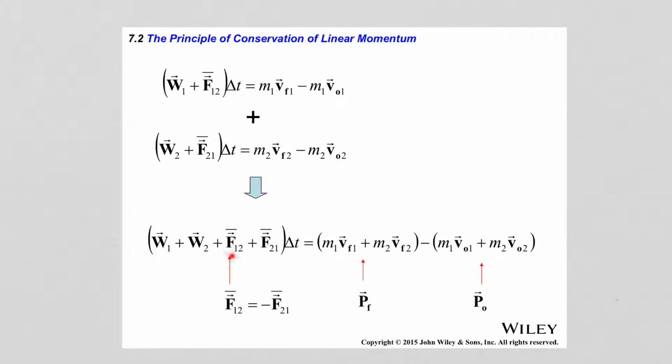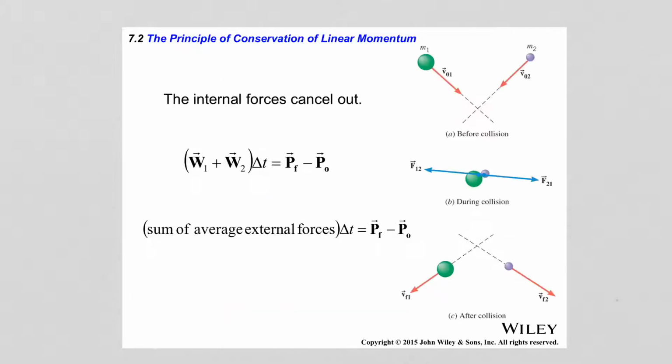Now remember that those two forces, F12 and F21, are equal but opposite in direction. So these two will cancel out. And now we are left only with the two weights of the spheres. And so finally we are left with the following relationship.